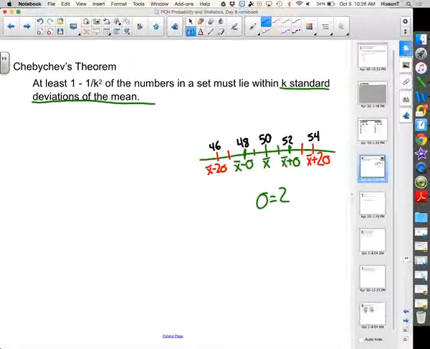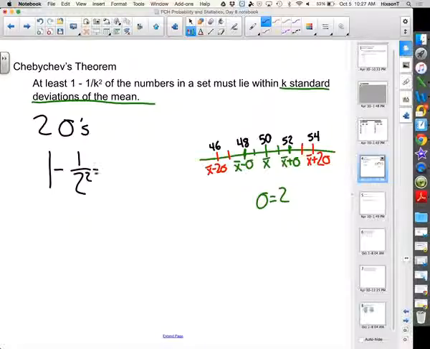Now, what Chebychev's theorem says is that if I'm looking at, say, 2 standard deviations, then at least 1 minus 1 over 2 squared of the data is going to be in this range from 46 to 54.